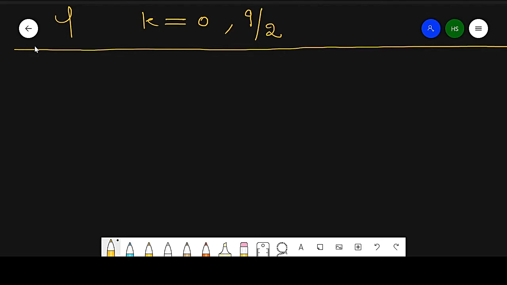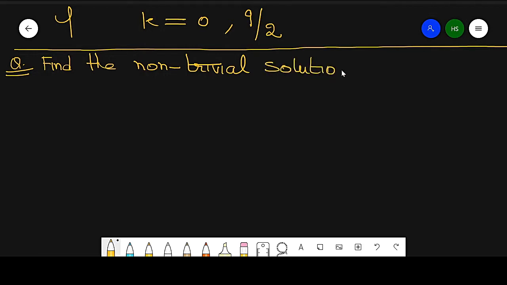The statement of the second question is: find the non-trivial solution of the system of equations if possible.